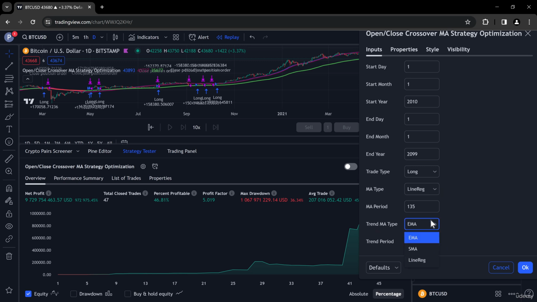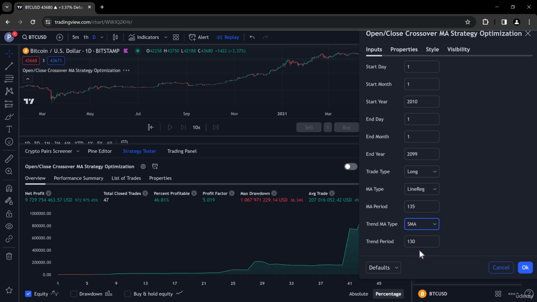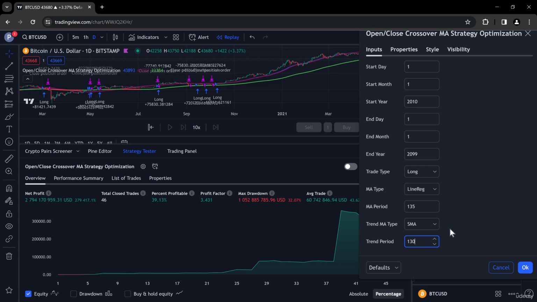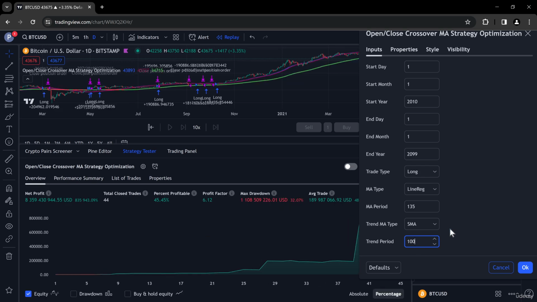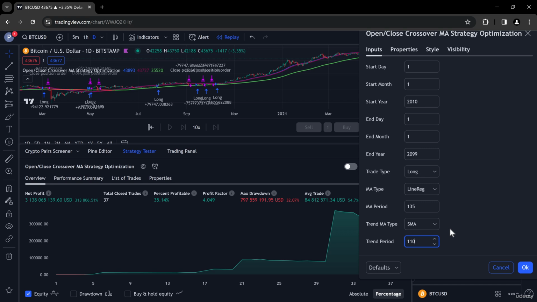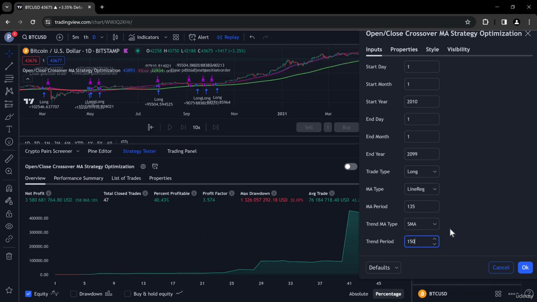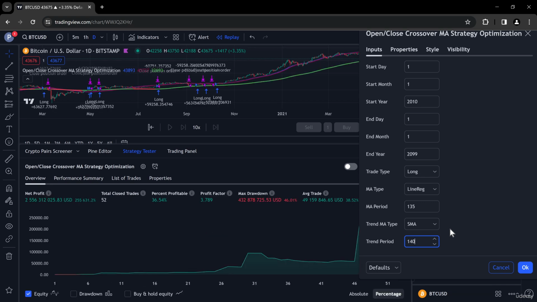Now let's try to improve it more. Let's try to change, for example, to SMA. Is it better? No, it's not better. It's worse. No, it's not better. It's not better now.